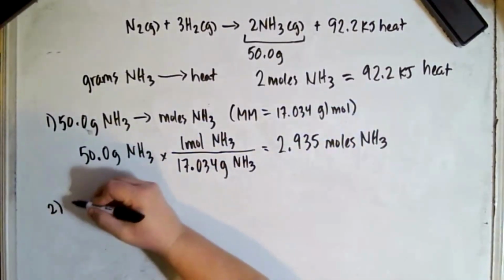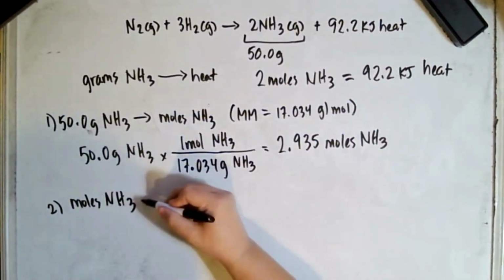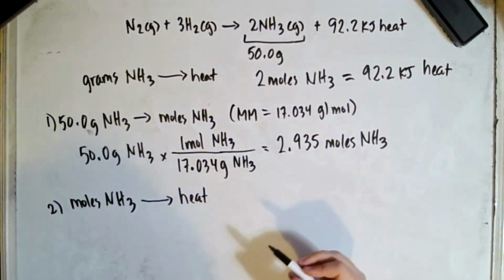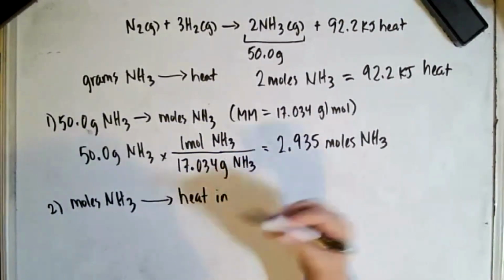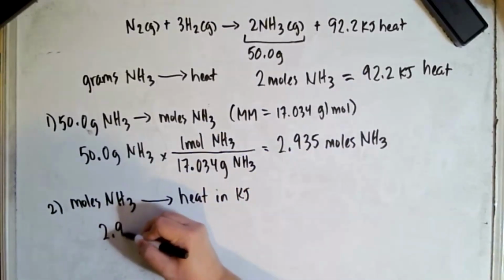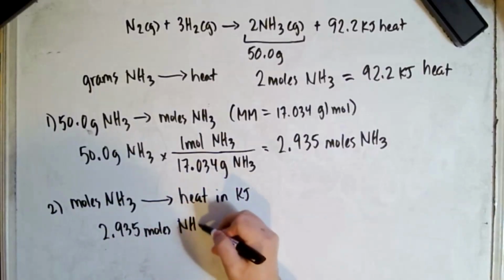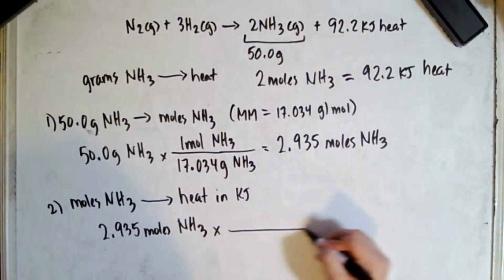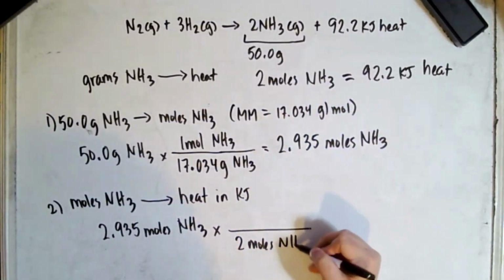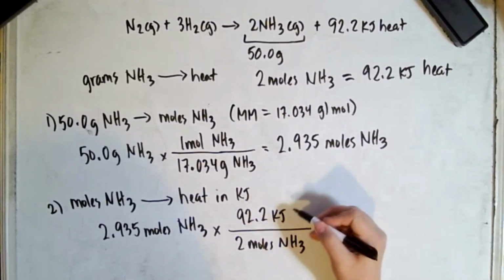And then in our second step, we're going to take our moles of NH3 and we're going to figure out how many kilojoules of heat we're going to release. So we have 2.935 moles of NH3, and we see from our equality, every 2 moles of NH3 is going to release 92.2 kilojoules of heat.